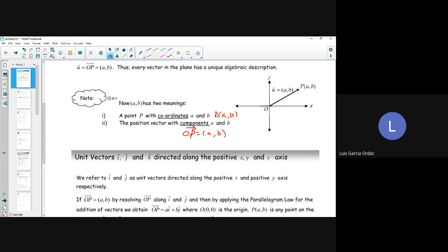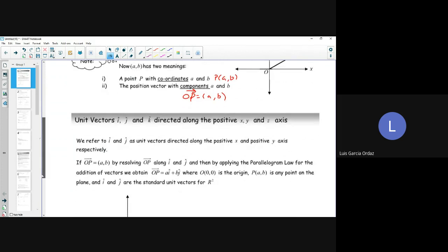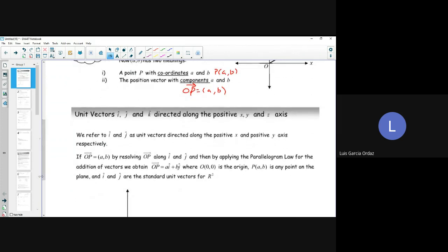Now we're going to be talking about unit vectors i, j, and k along the positive x, y, and z axes. Vector i corresponds to x, vector j corresponds to y, and vector k corresponds to z. We refer to i and j as unit vectors directed along the positive x and y axes respectively.